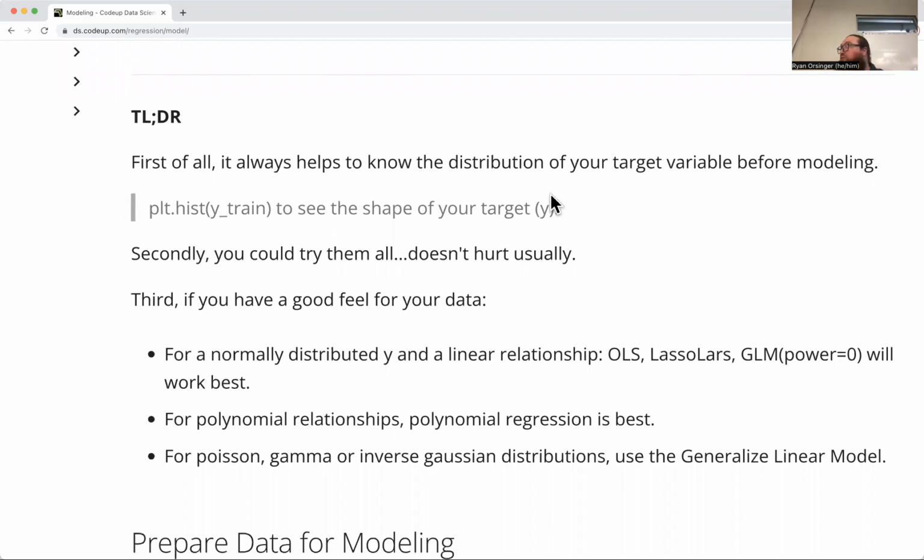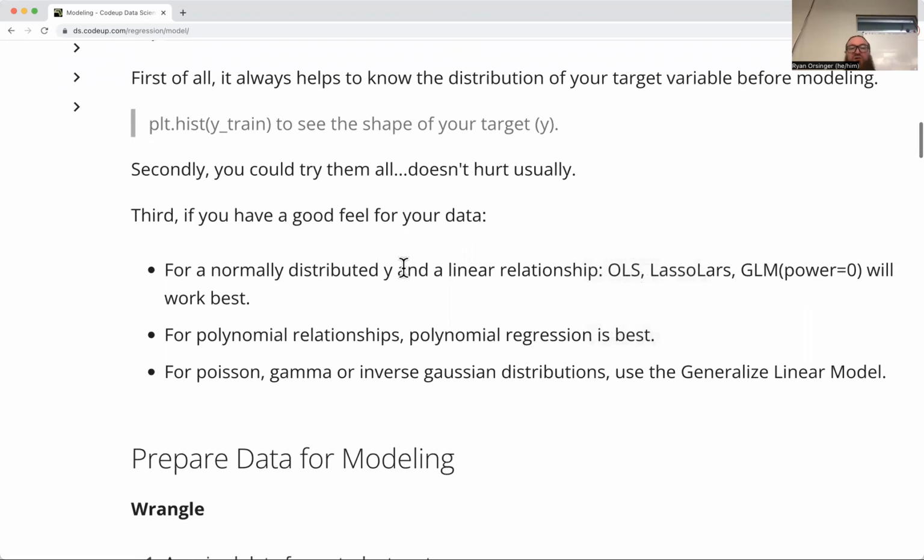One of the reasons why you chart out histograms of your data is so you know what model might be a good model for your data, right? If you have a target variable that's not normally distributed, or a target variable that has a curvilinear relationship with an input variable, then you might know, hey, it's polynomial time.